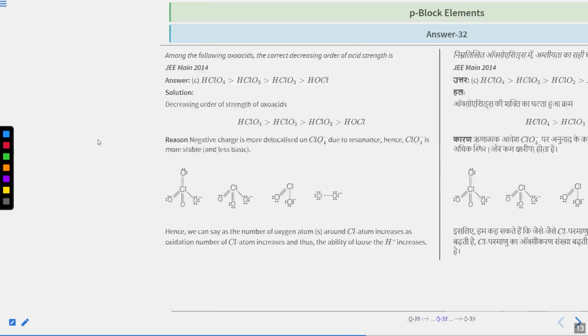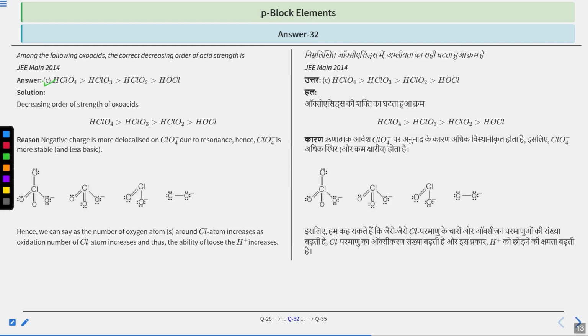Okay, let's see. The correct answer is option C. That is, HClO4 has the most acid strength, then HClO3, then HClO2, then HOCl. Basically, this is the decreasing order of strength of oxoacids. The reason is that the negative charge is more delocalized on ClO4 negative due to resonance, and hence ClO4 negative is more stable and less basic.